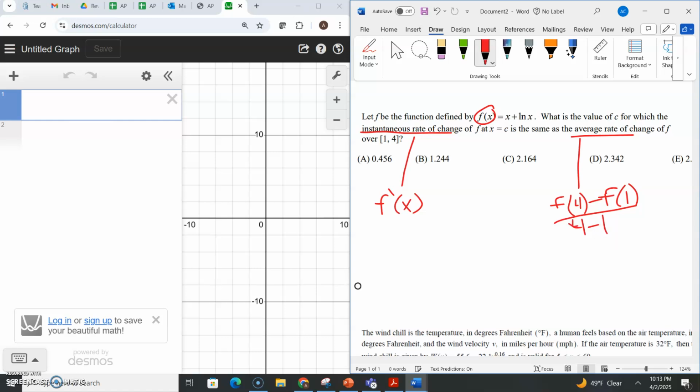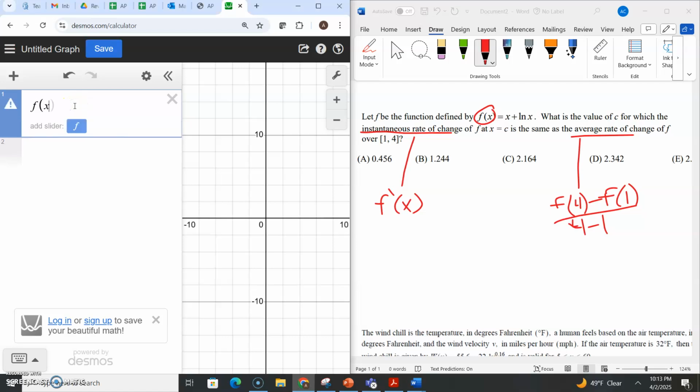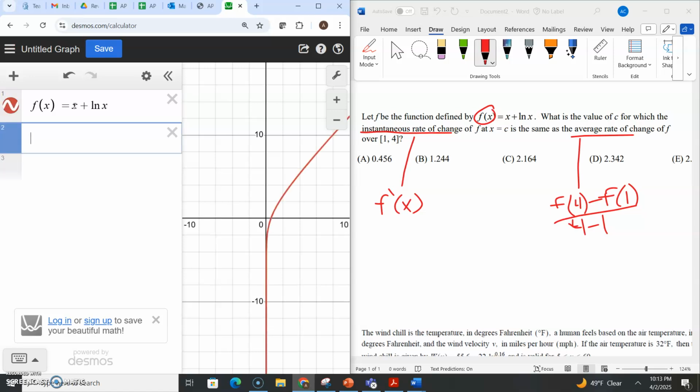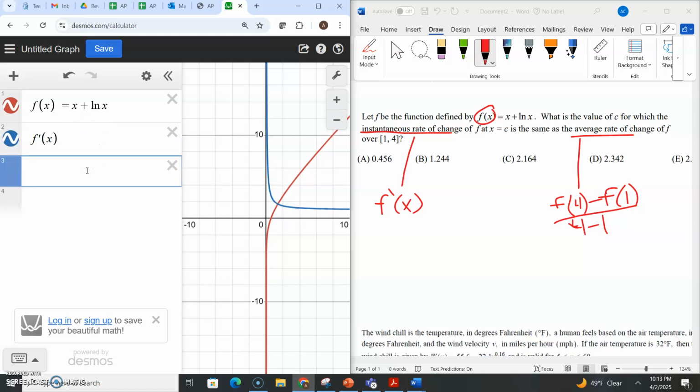So what we will do is we will use our calculator. We will tell the calculator what f of x is, and then we will ask for its derivative, and we will ask for the slope. So f of 4 minus f of 1 over 4 minus 1, and we will find the x value when they are equal.